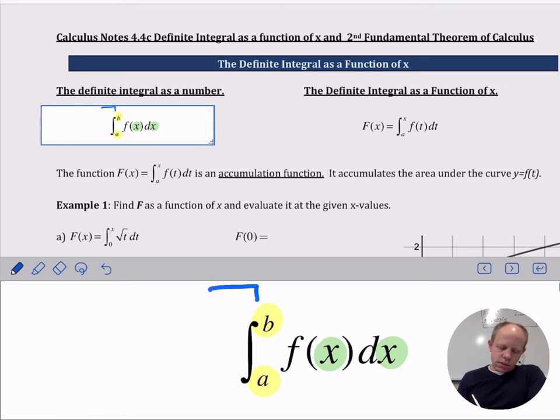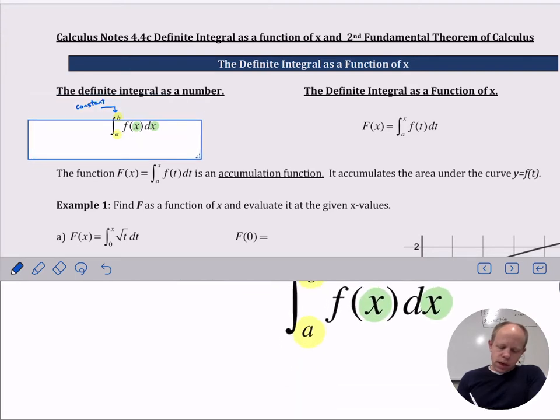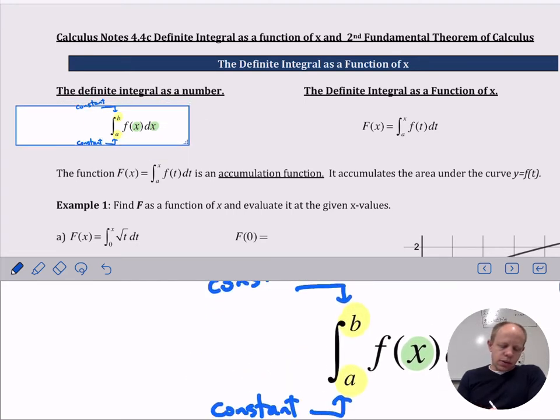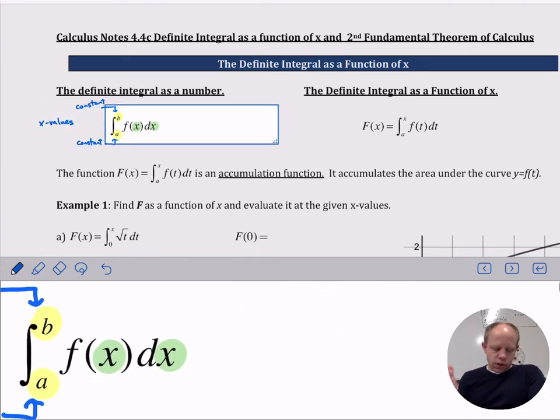This is a constant, and so is the a. It turns out that these are x values because we're using them with the function of x with respect to x. Now, when you calculate this, you actually get a solid number here.